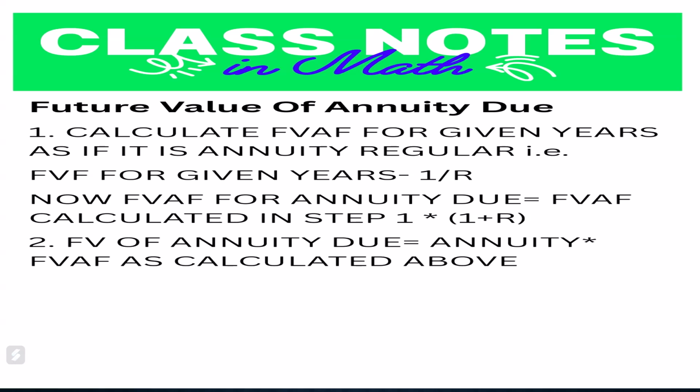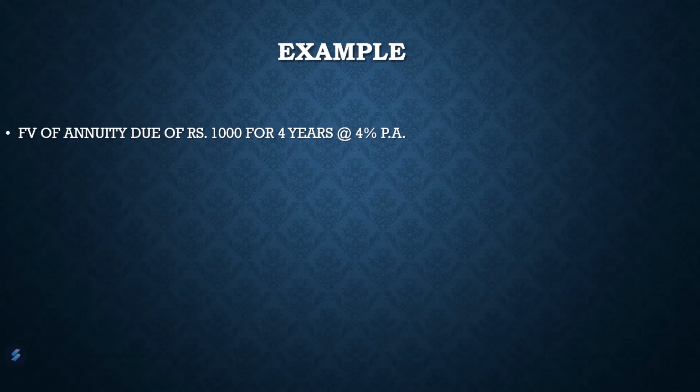That is your future value annuity factor for annuity due. Now, the second and final step, the future value of annuity due: annuity amount into your future value annuity factor as calculated in the above mentioned step.